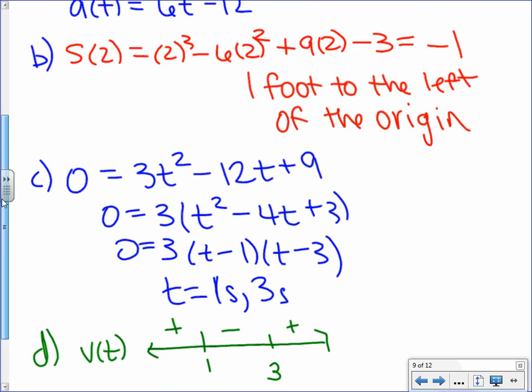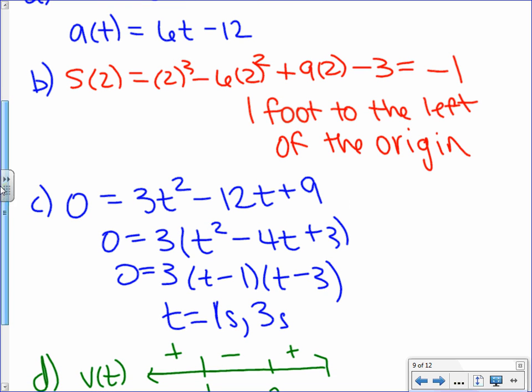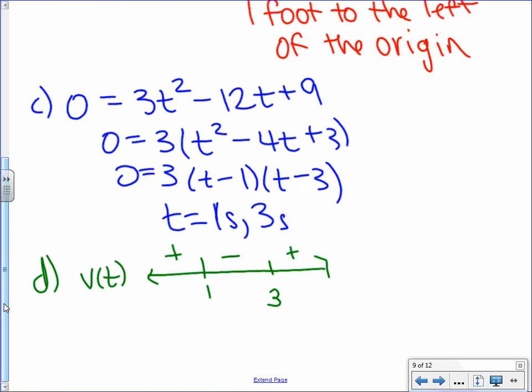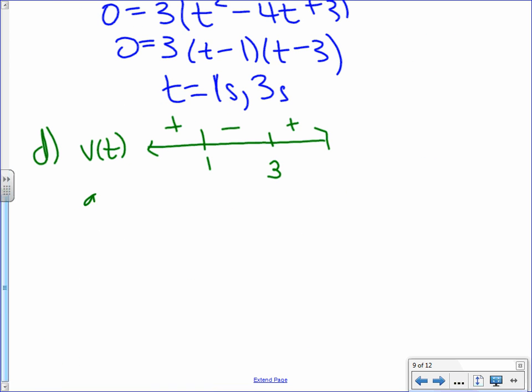Acceleration. When is our acceleration 0? I think we can do that in our head. At t equals 2. So between 0 and 2 it's negative, and from 2 onward it's positive.